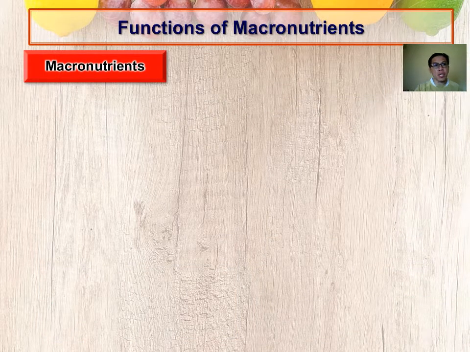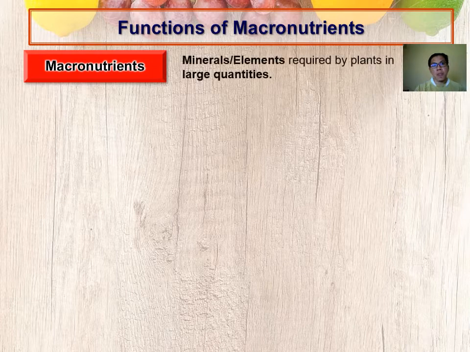Okay, now we take a look at what macronutrients are. So macronutrients basically are minerals or elements required by plants in large quantities. In Malay, satu mineral ataupun elemen yang diperlukan oleh tumbuh-tumbuhan dalam kuantiti yang banyak.